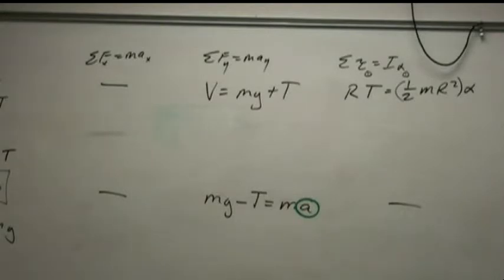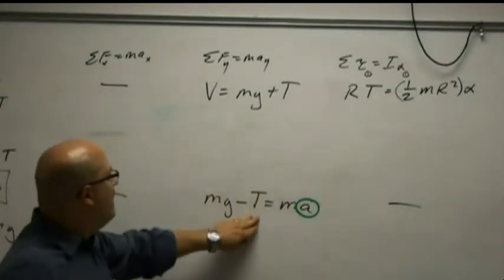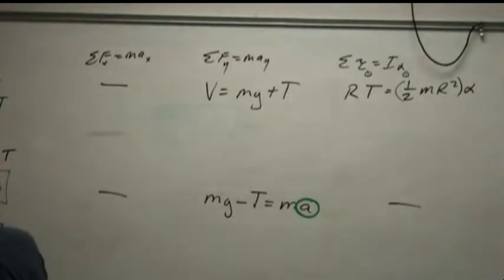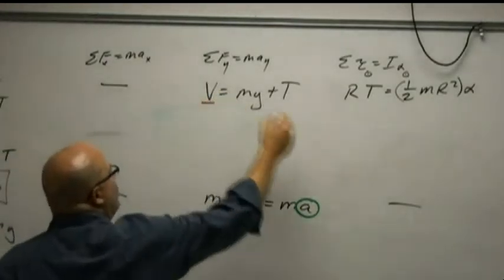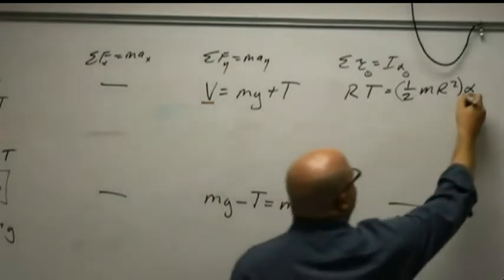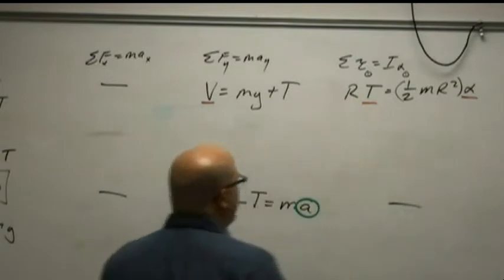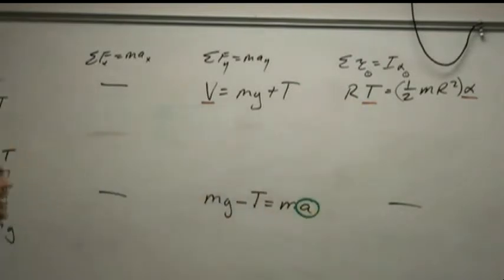We're still in trouble, because if we solve this one for T and plug it in here, we have an unknown V. All the things we don't know are underlined in red, and we're looking for this one, so I'll leave that one green. I seem to have too many unknowns.